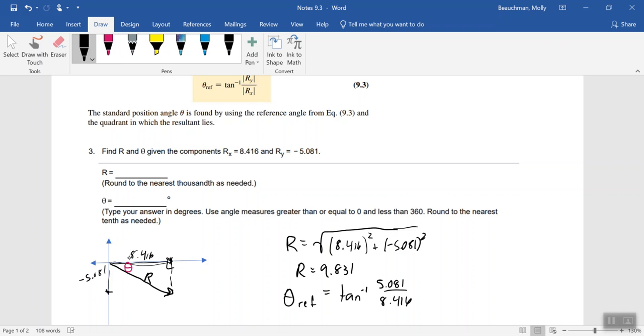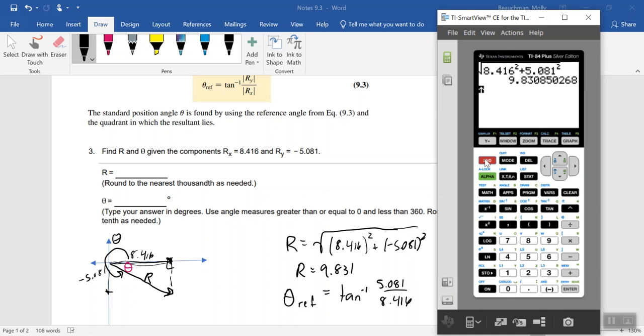The angle that we want is the angle from standard position, but the formula will give us the reference angle. So we want inverse tangent of 5.081 divided by 8.416.